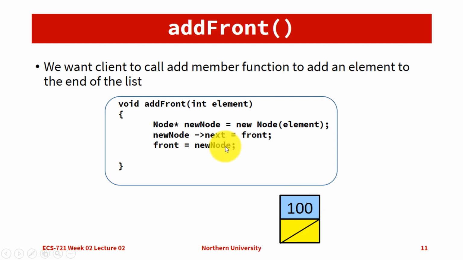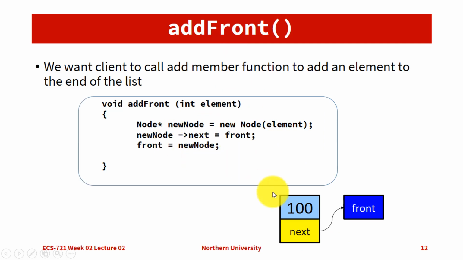Then we want to update the next pointer of this node to point to the front of the list, because this AddMember function is going to add a node or a value to the front of the list. So we initialize the next pointer of this node, which is called new node in this case, and store the address of the front.